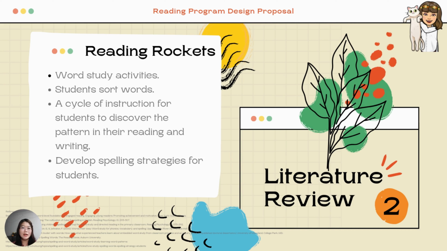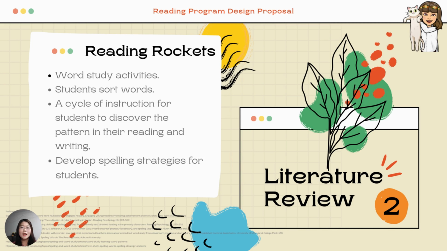And next, I read in Reading Rockets that we can provide students some word study activities with opportunities to investigate and understand the patterns in words, and also help them to build word knowledge in both reading and spelling and improve their reading abilities in phonics, word recognition, and vocabulary.